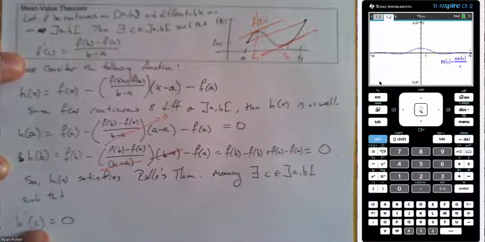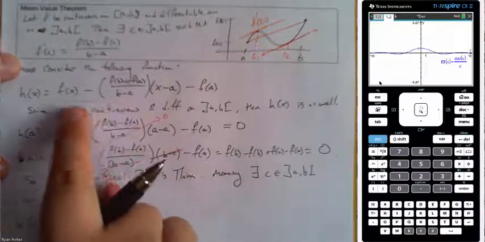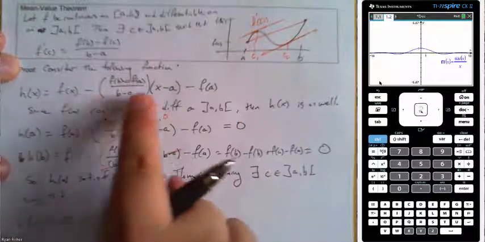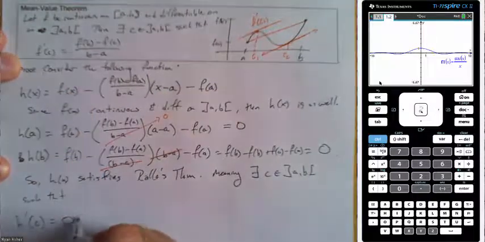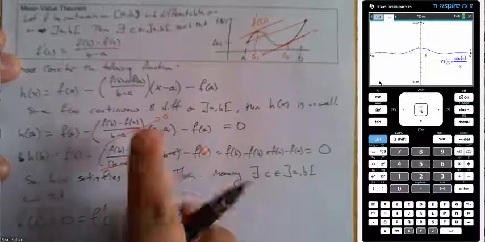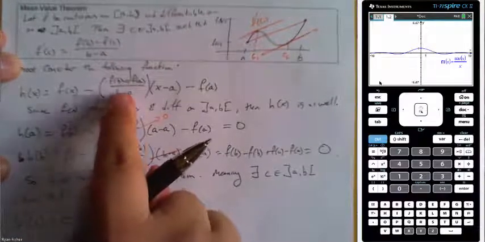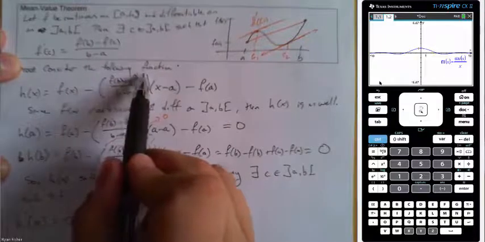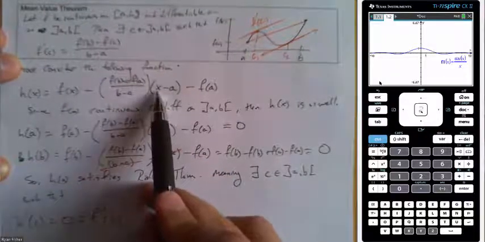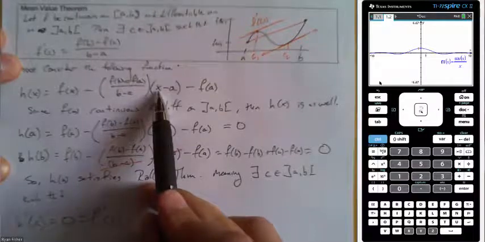What is the derivative of h? Well, we do it part by part. The derivative of f of x is f prime, which I'll evaluate at c. The derivative of this next term, well, this is a constant times a linear function, so the derivative of x minus a is just 1.